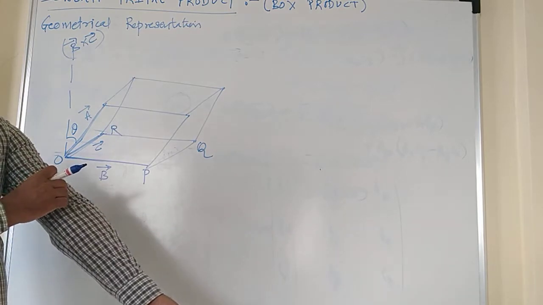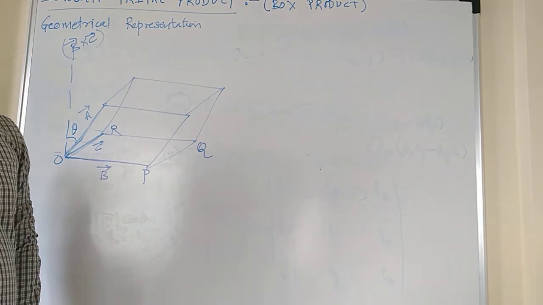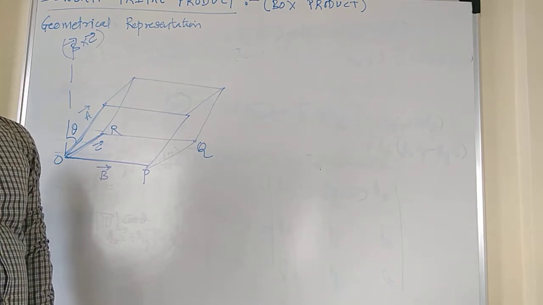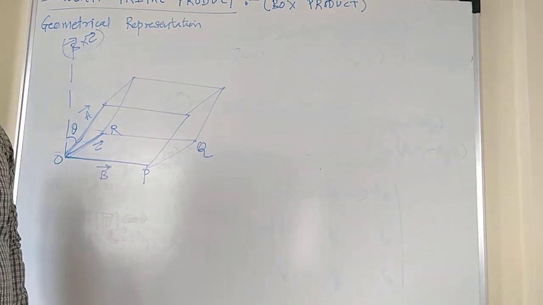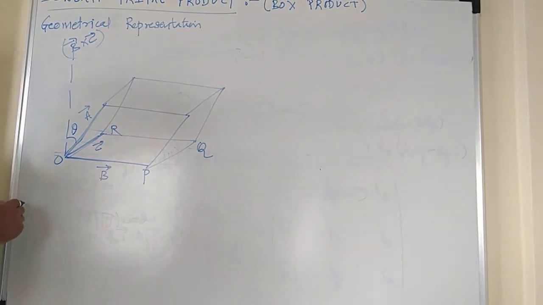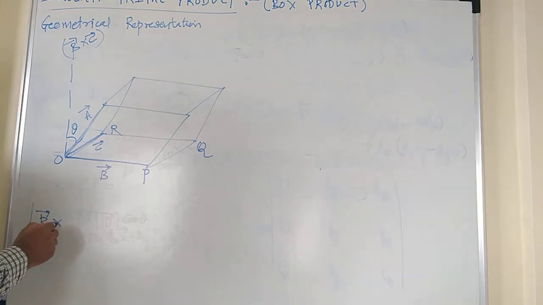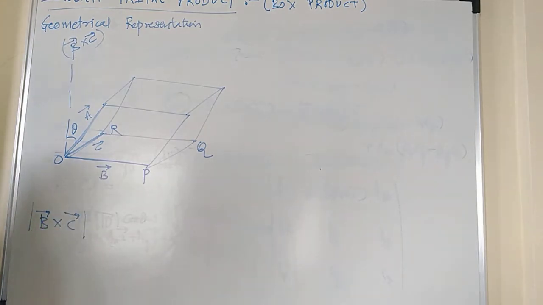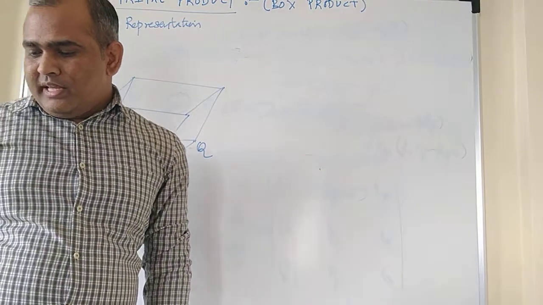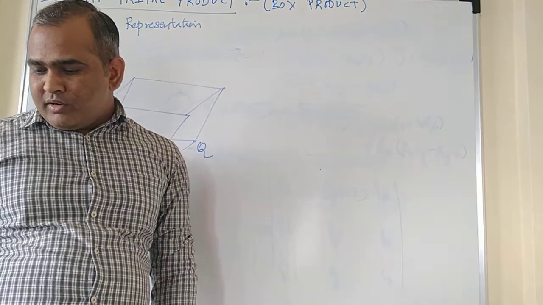Then the given vectors A bar, B bar, and C bar drawn from the common point O form a parallelepiped, and the area of the parallelogram is equal to mod of B bar cross C bar. So theta is the angle between A bar and B bar cross C bar.